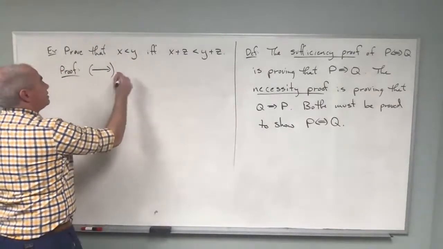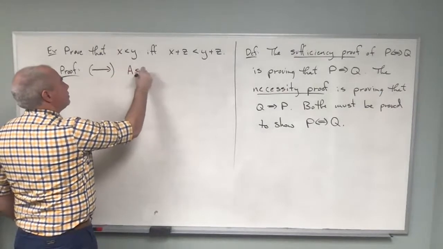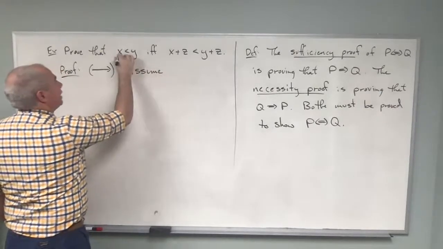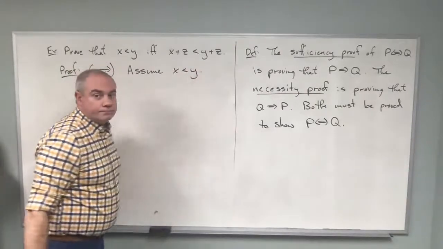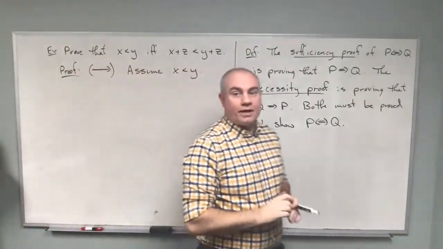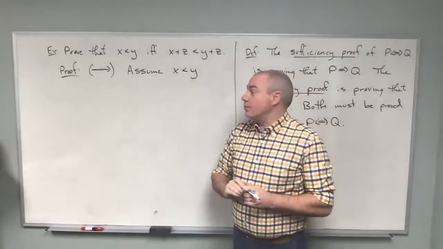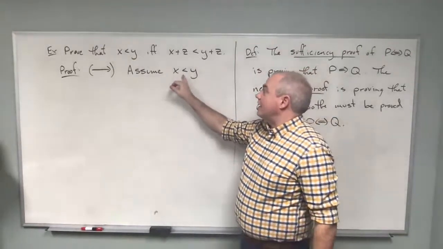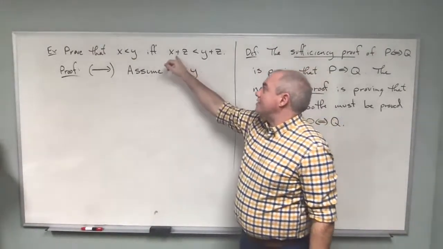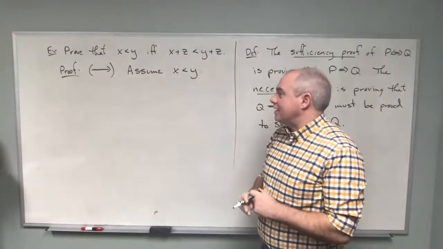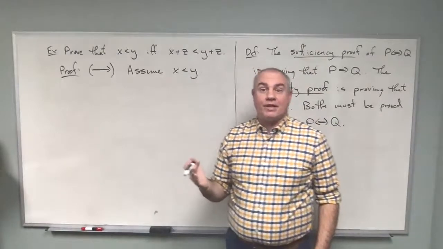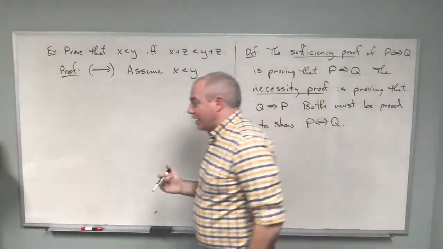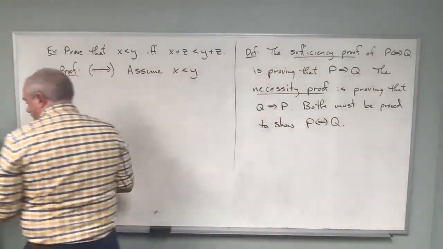Okay, so if I do this, that means that I'll assume that x is less than y. Okay, so we will start with x is less than y, and then I need to prove that x plus z is less than y plus z. Well, that's basically one of the axioms, that I could add something to both sides of the equation. That's even axiom A3.